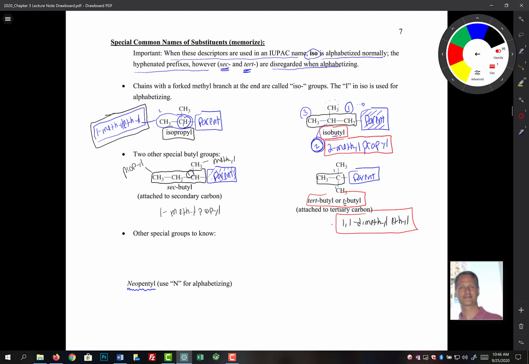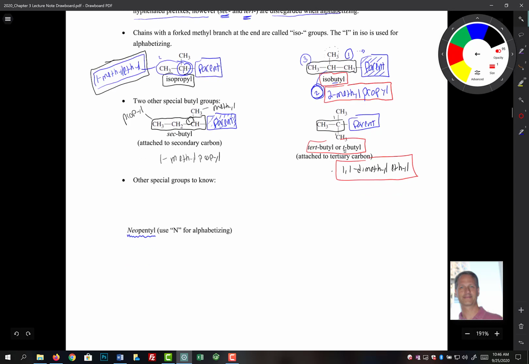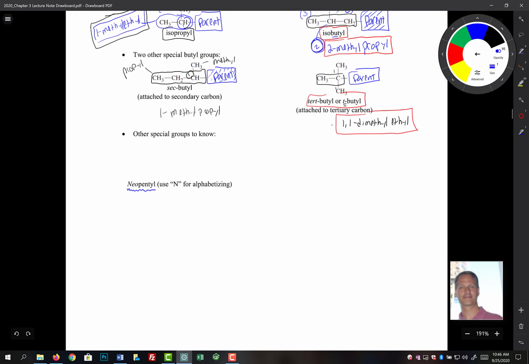And there's one other group that shows up from time to time, and it's a neopentyl. So a neopentyl looks like a tert-butyl with an additional CH2 on it. So we're going to have our parent here, and then we're going to put in a CH2, and then we're going to put on that tert-butyl group here.